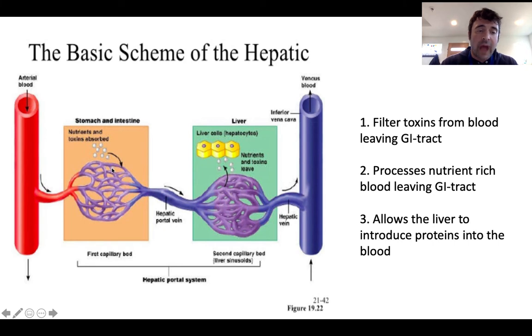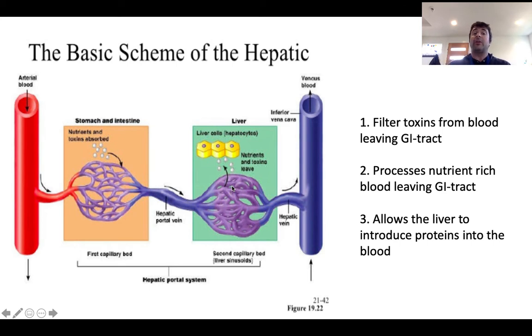Now, those capillaries, so we have artery to arterial, arterial to capillary, those capillaries are going to be taken by a vein called the hepatic portal vein, because it's part of a portal system, to another network of capillaries within the liver.